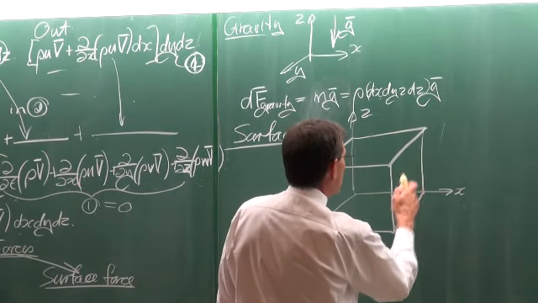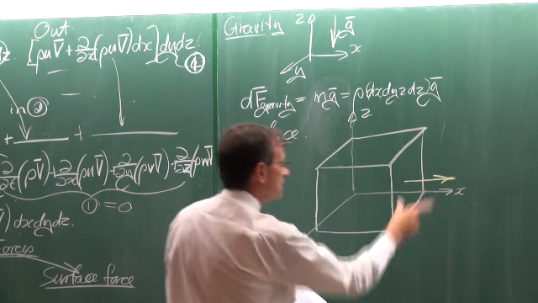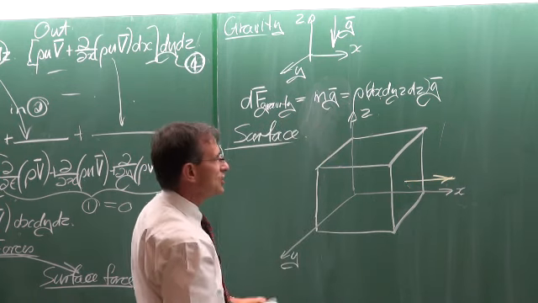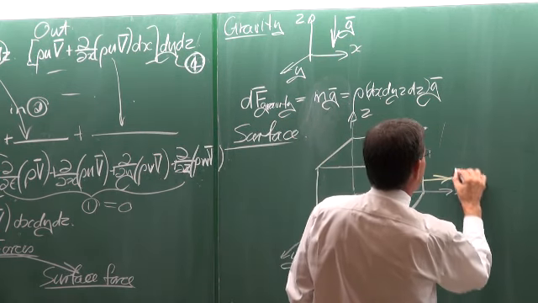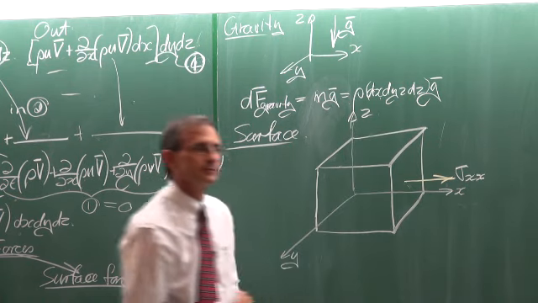What I would suggest is you take this surface and put the vector on it. Then that one is defined as x, as sigma xx.